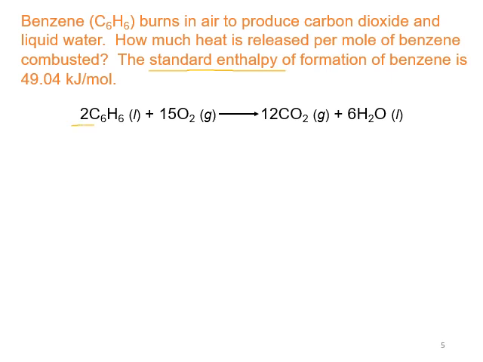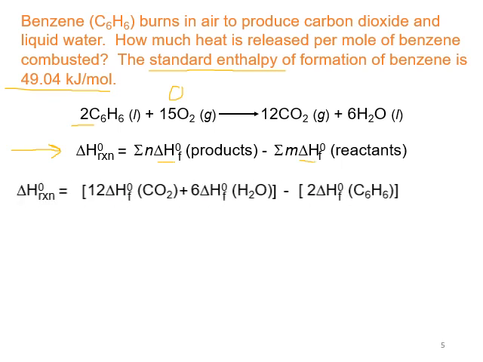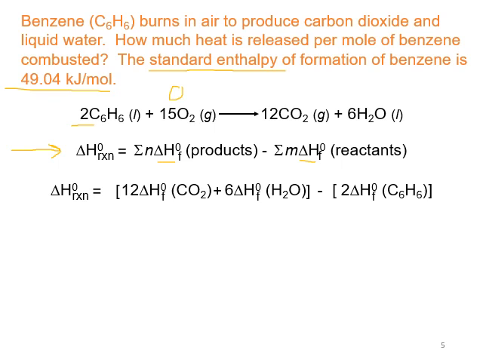The standard enthalpy of formation of benzene is given to you here, but you can go to Appendix 2 and get the rest. Now recall the standard enthalpy of formation of elements is 0, so we know that one for oxygen. And remember, this is the formula that we use for our direct method. We need to know the heats of formation for the products and the heats of formation of the reactants, and I can get those from Appendix 2.